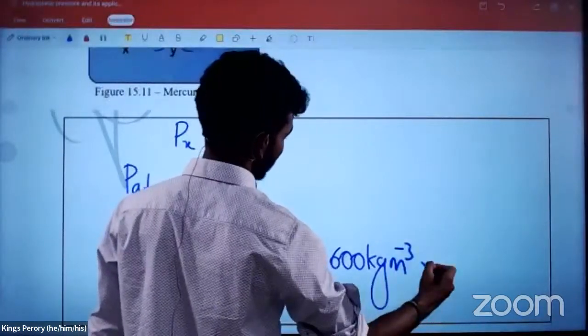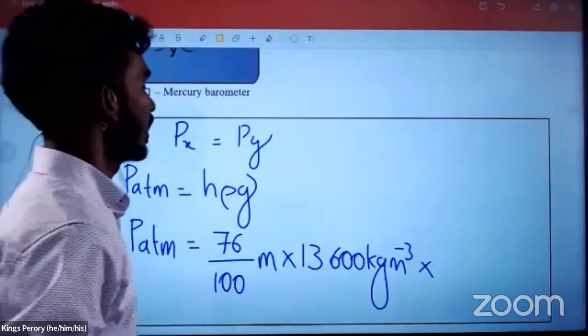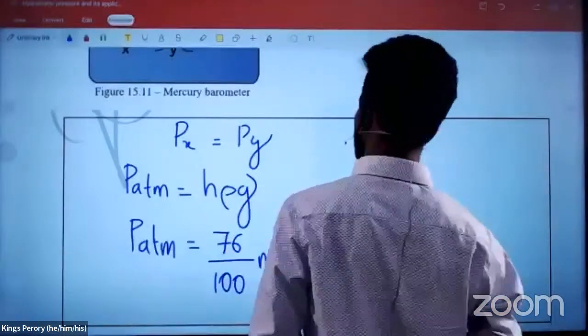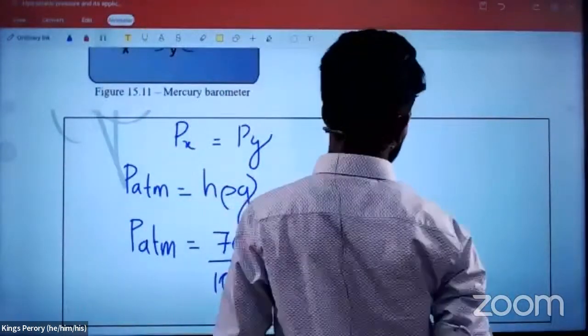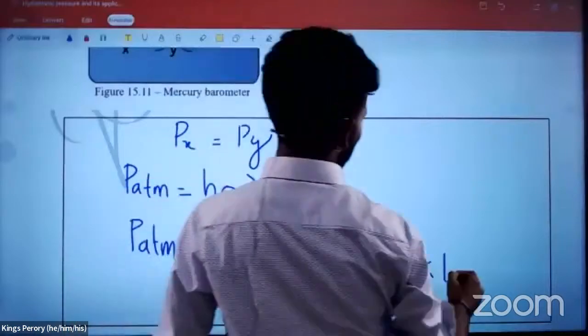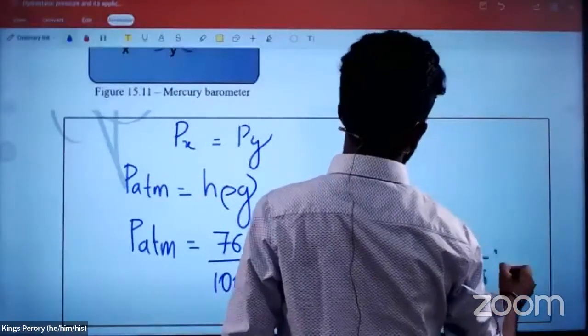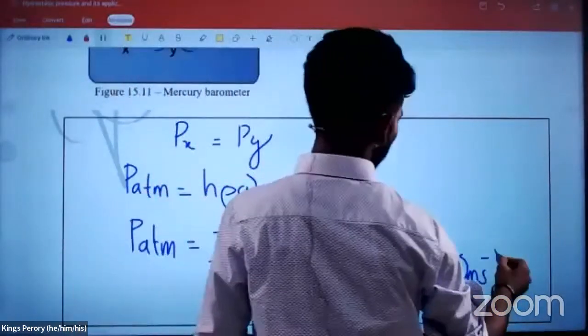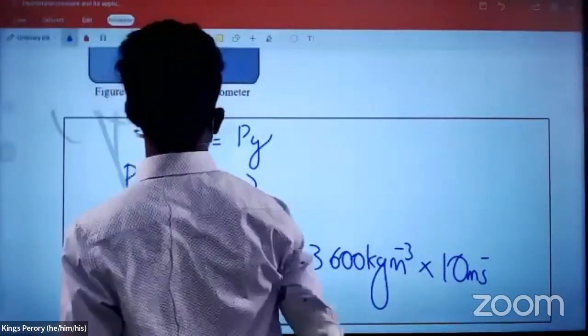What is this? This is the density of mercury. Gravitational acceleration is 10 m/s squared.